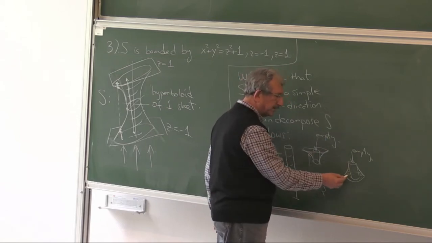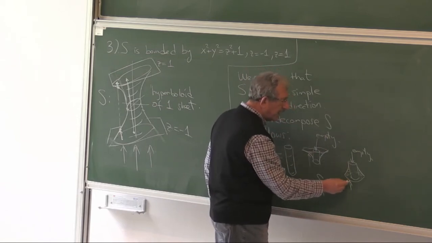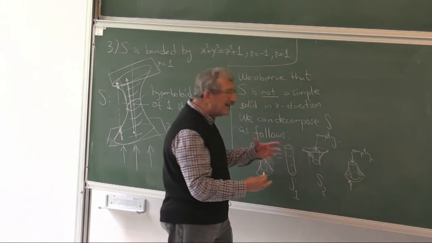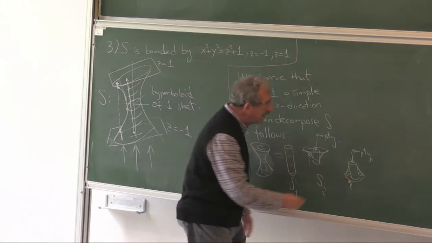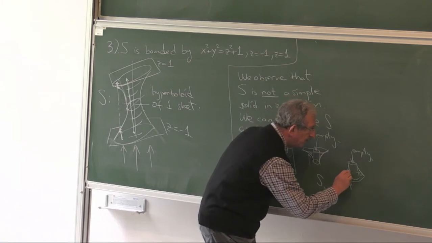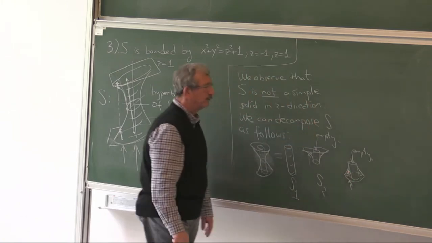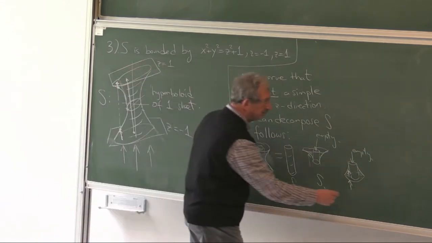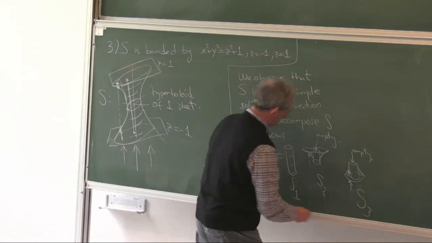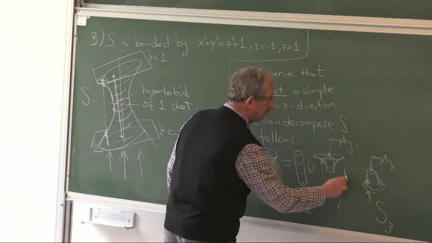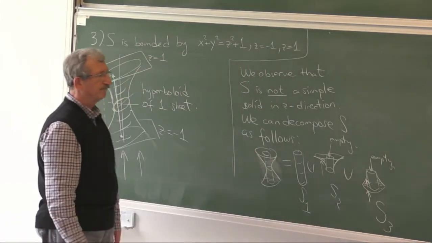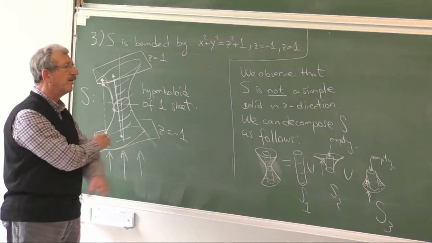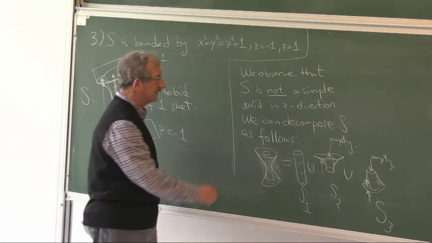But on this part, I enter from z equal to -1 and leave from the hyperboloid. Always. So this is a simple region. So I can take the union of these things. If I put them together, I will get S.